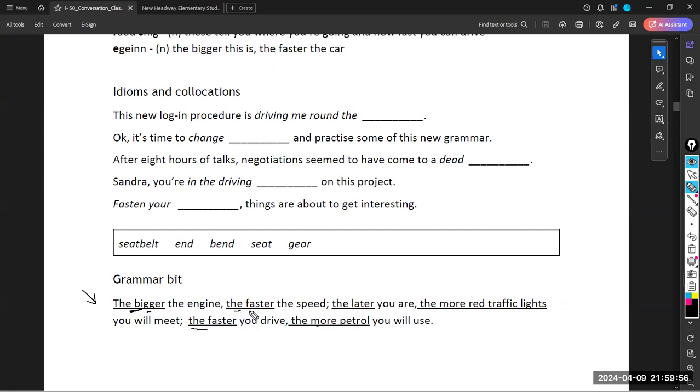Again, we have adjective comparative. The later you are, the more red traffic lights you will meet. The faster, the more petrol. So I think in the next class we are going to discuss this rule because it is really important. Okay?